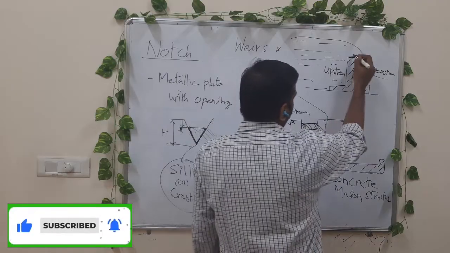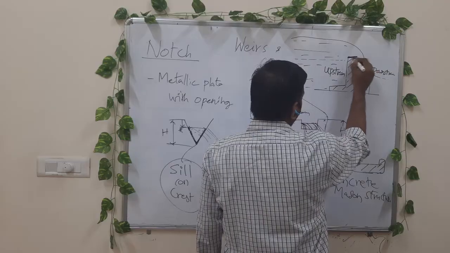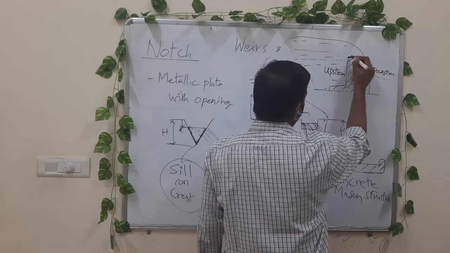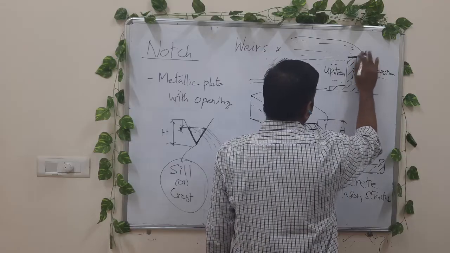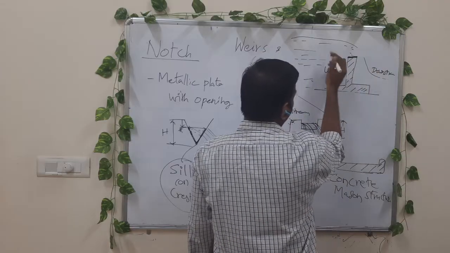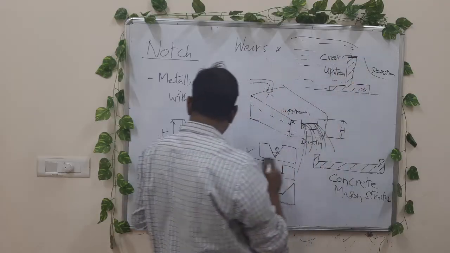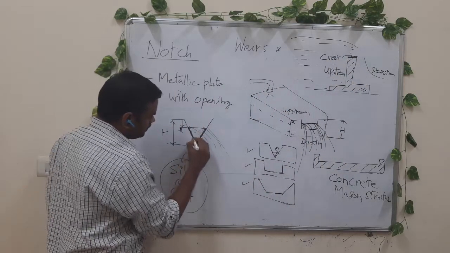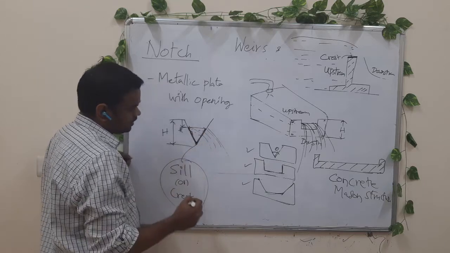The portion of the concrete wall or structure above which the fluid is flowing up to a certain height is called the crest. Here also, the portion in this opening above which the fluid is flowing is the sill or crest.